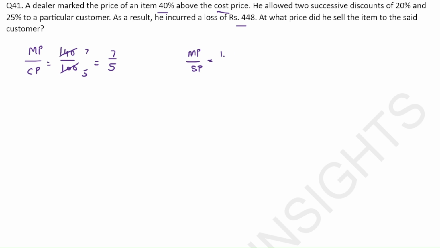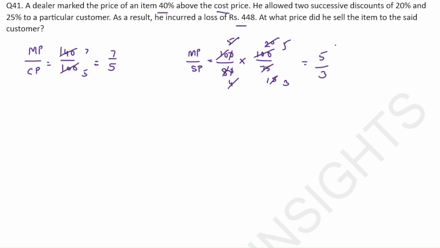First, if the mark price is 100, 20% discount, so selling price will be 80. And then the next successive discount is 25%, right? So 100 divided by 75. So if you solve this, this will be 5 by 3.